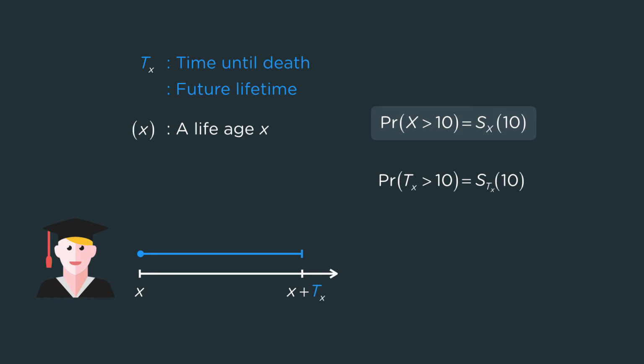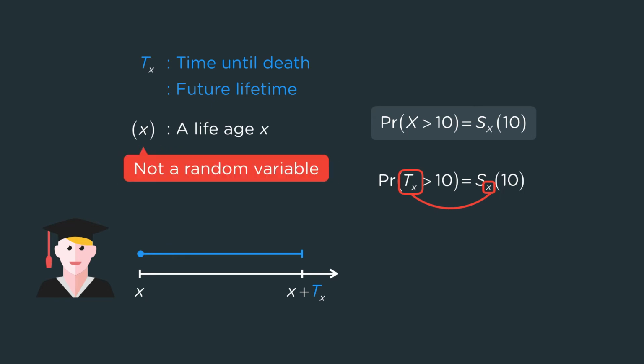So return to the normal subscript x, but remember it refers to random variable T sub x, not random variable x. Don't forget, age x is not a random variable. Our random variable is age x's time until death. Don't let the notation confuse the simple concept.